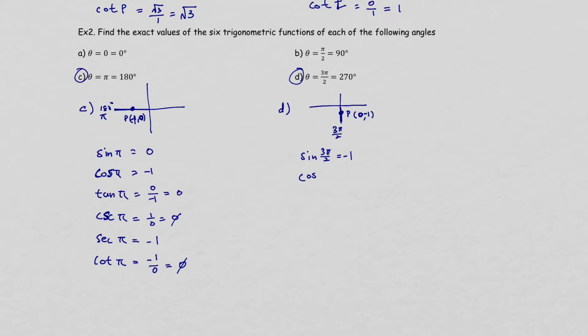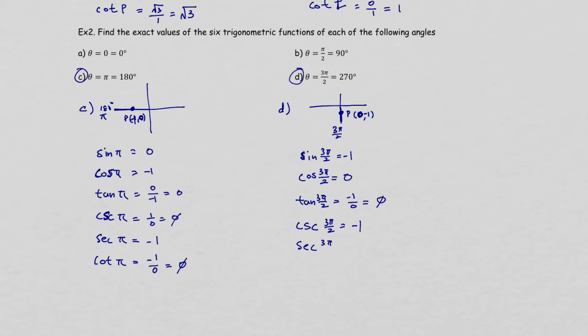And cosine of 3 pi over 2 is going to be the x value, which is 0. Tangent of 3 pi over 2 is -1 over 0, which is undefined. Cosecant of 3 pi over 2 is the flip of sine, which is -1.